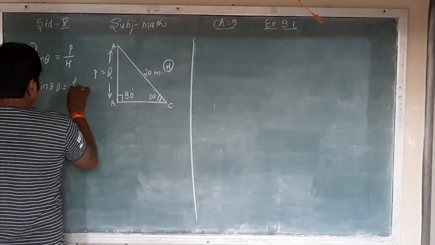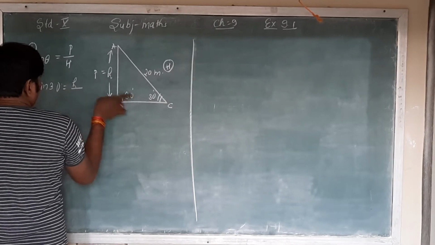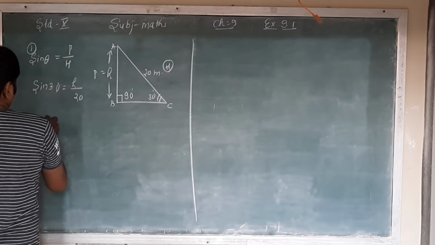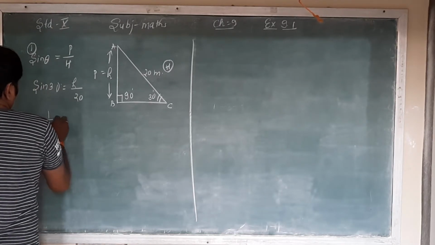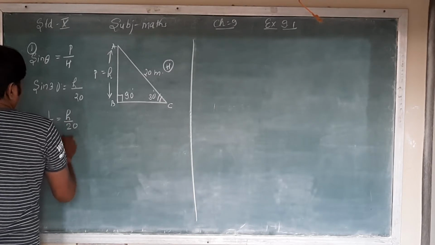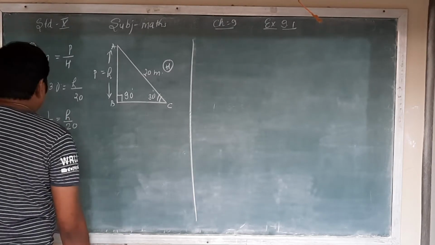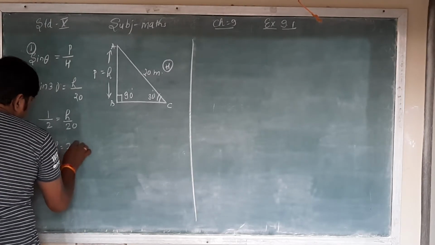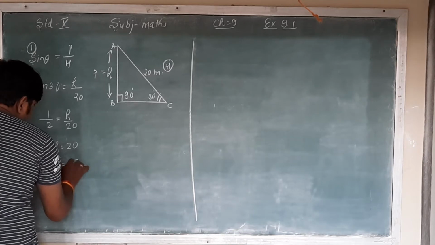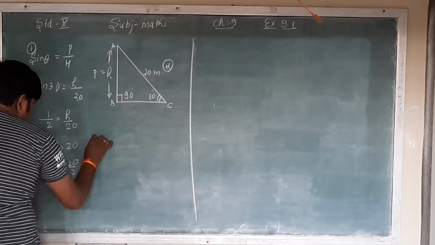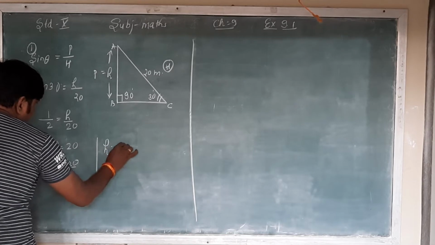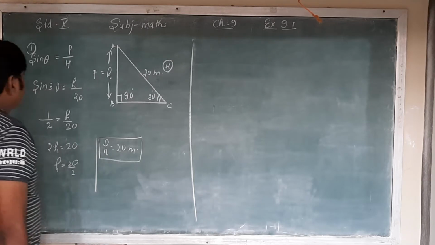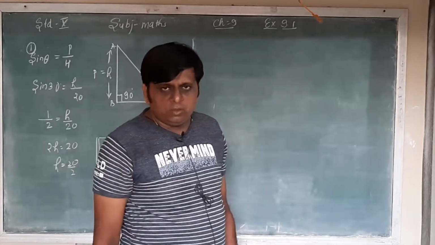Suppose the perpendicular is height H and AC is the 20 meter rope. Sin 30 is 1 upon 2, so 1 upon 2 equals H upon 20. Cross multiplying, 2H equals 20, H equals 20 upon 2. So the height of the pole is 10 meters. This type of question is very easy.